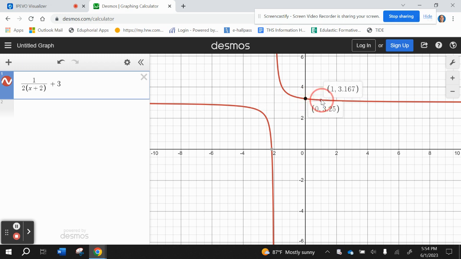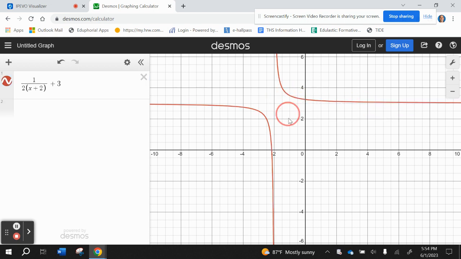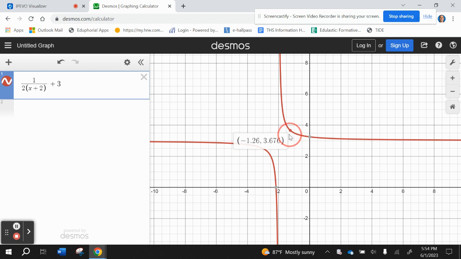0, 3.25, maybe we can use, but let's see if we can find a whole number point. That's probably going to be the best, -1, 3.5. So let's use that. Okay, now we need a point from this region.